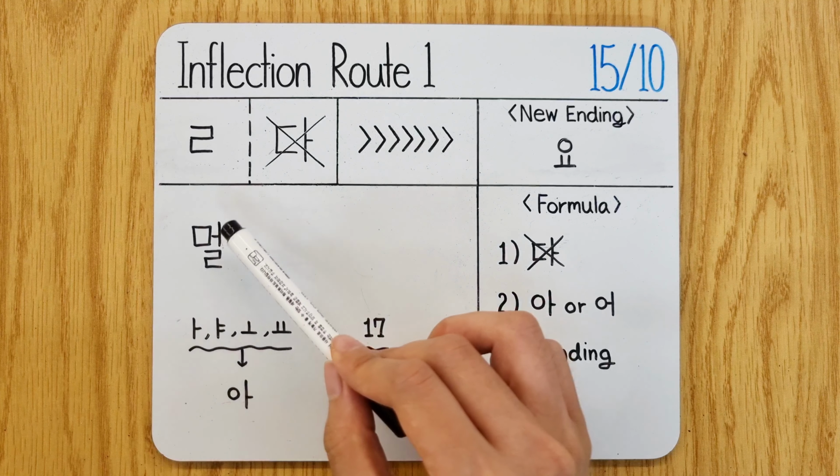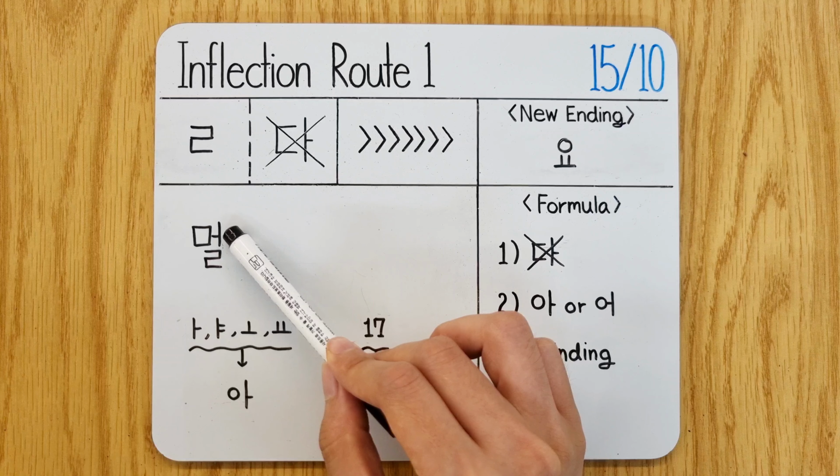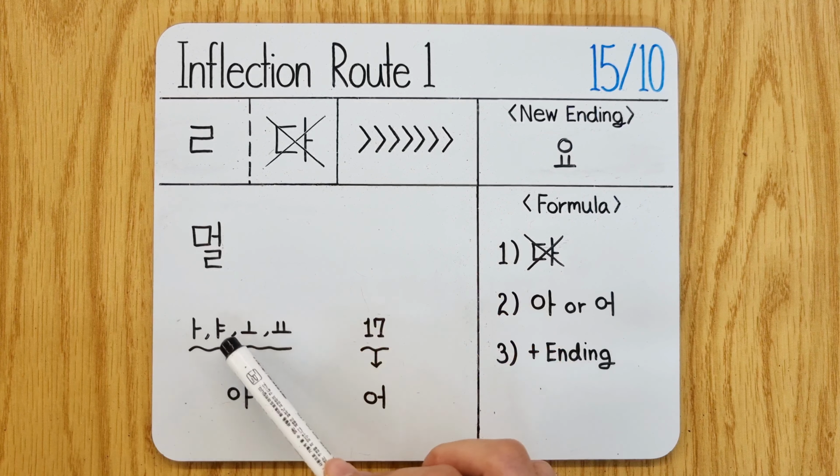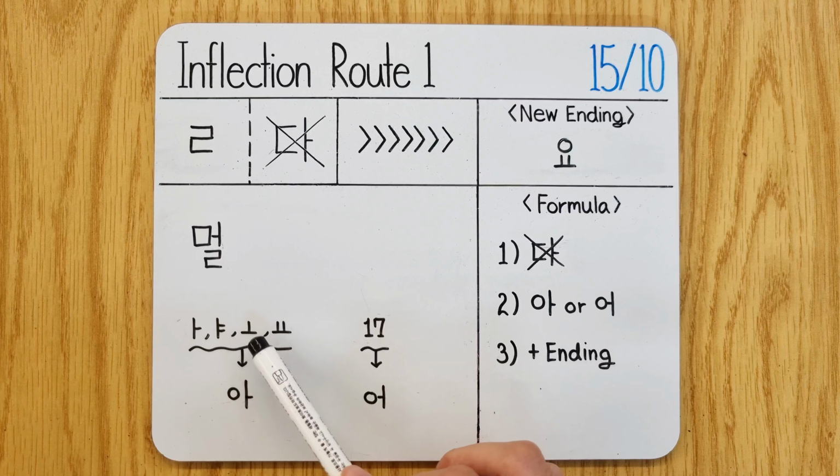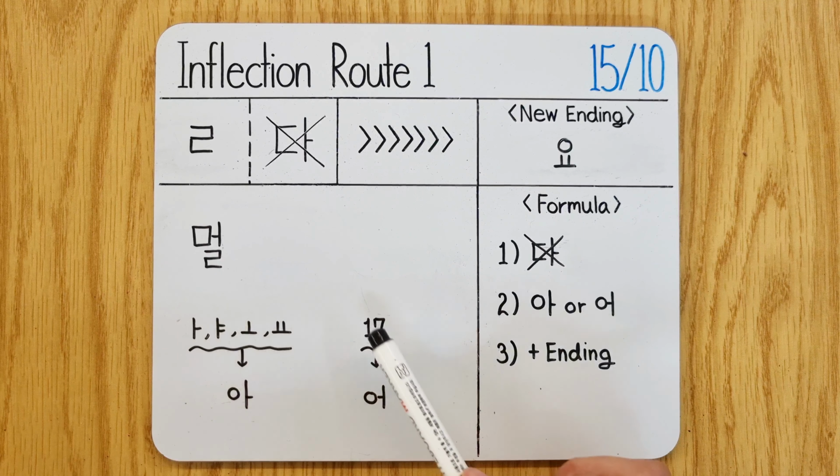Right now, it is all, and all is not one of the four. It is not a, ya, o, or you. In other words, it is one of the other 17. Therefore, the irregular middle section will look like all.